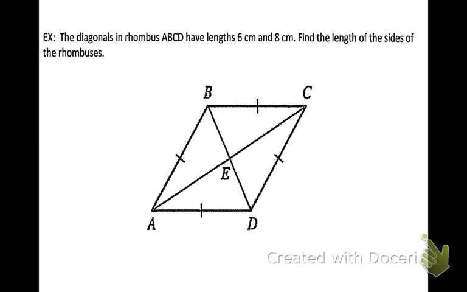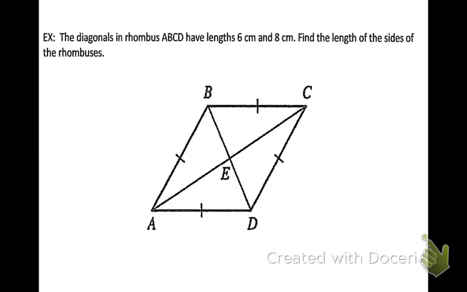The diagonals of a rhombus ABCD have lengths 6 and 8. Find the lengths of the sides of the rhombus. How would we do that? Pythagorean theorem.